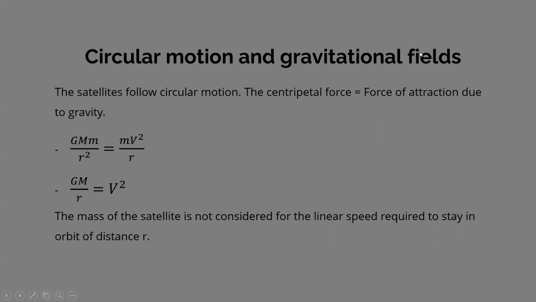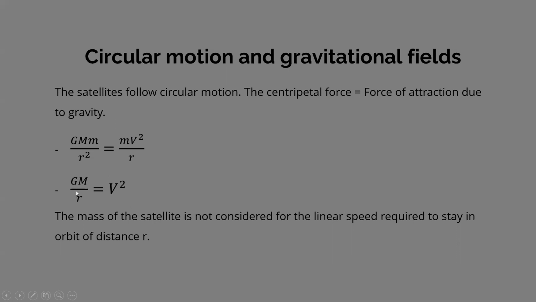Circular motion and gravitational field. A satellite that revolves around the Earth will follow circular motion, and the centripetal force will be equal to the force of attraction due to gravity. Then you equate the force equations, mv² over r, where v² over r represents acceleration for an object undergoing uniform circular motion, and v represents the linear speed.